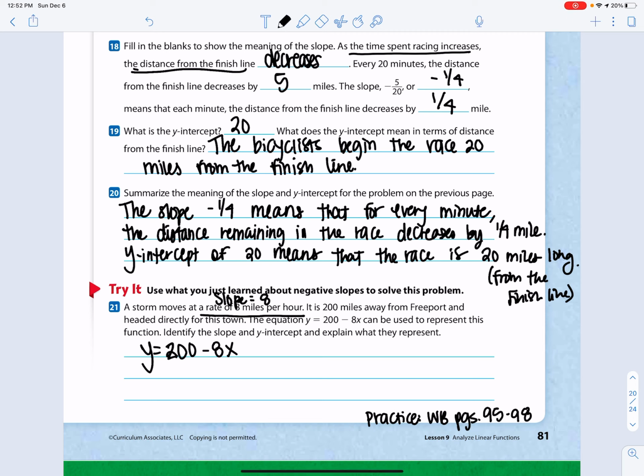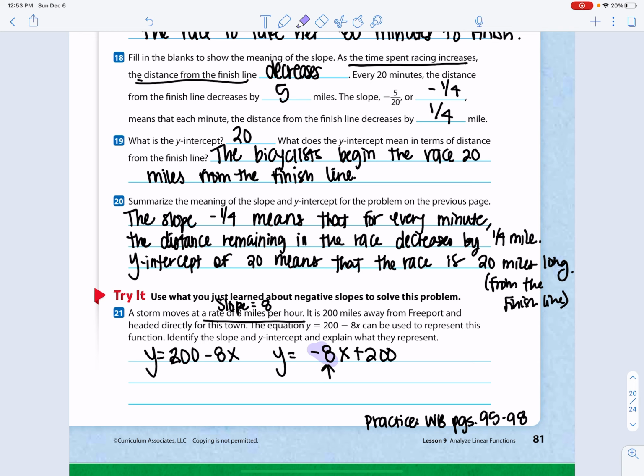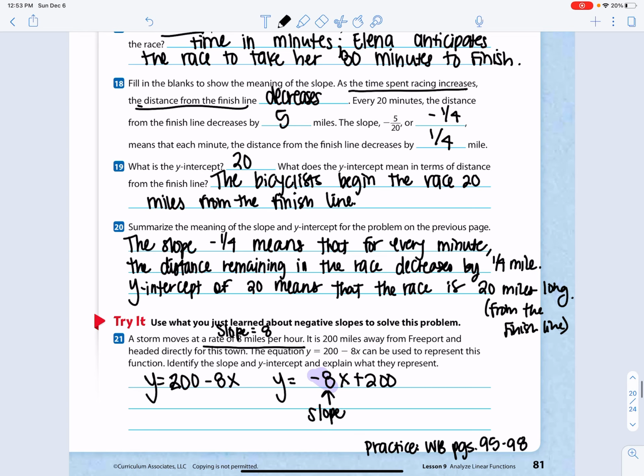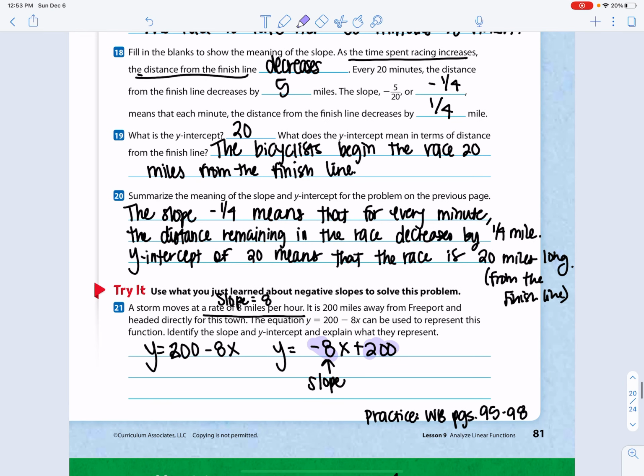Again, if we're looking at the slope-intercept form, we can write it just like that if we want to. Keep it like this if you know how to do it. If you don't, just switch the order. Do -8x plus 200. So our -8 is going to represent our slope, and our 200 represents our y-intercept. So the -8 represents the change in the storm's distance from Freeport each hour.